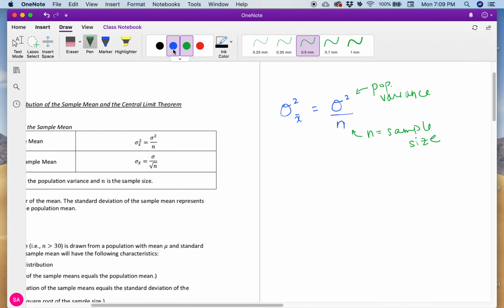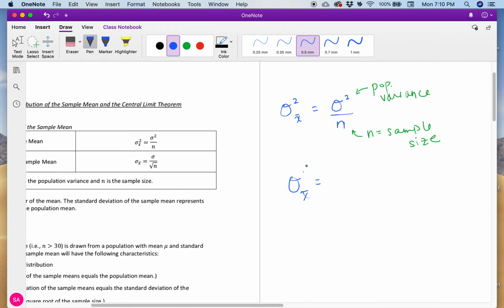We can also find the standard deviation of the sample mean. So remember, variance and standard deviation are closely related. If we have the variance, to figure out standard deviation, we just take the square root. So essentially that's what we're doing here. Imagine taking the square root of both sides of this equation. When we do that, we get the standard deviation of the sample mean.